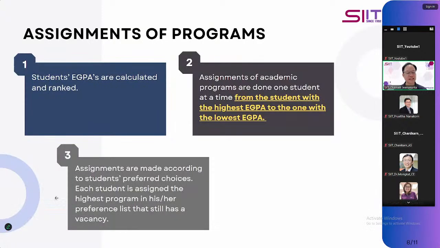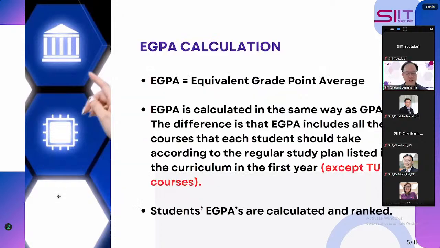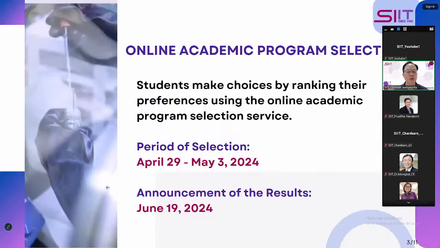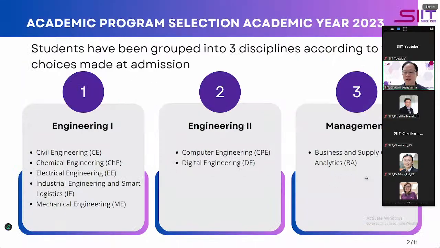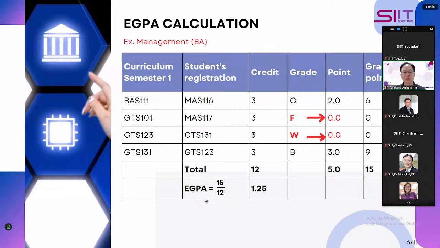Okay, yes, thank you. I saw a few questions asking similar things. For the courses that students will be exempt from, those are the TU courses. If they have been exempt, those TU courses are not going to be calculated as an F. You can look at this one, we don't have the TU courses.